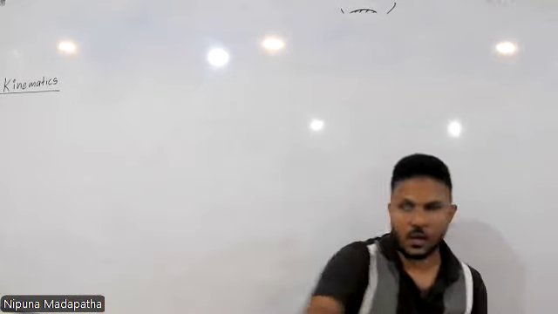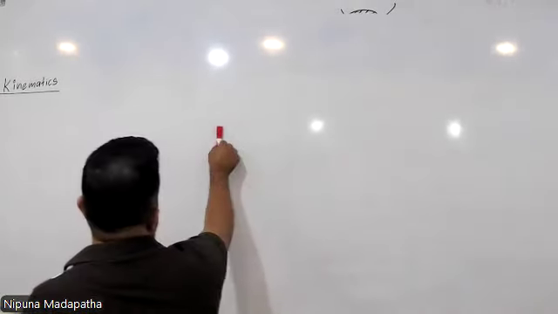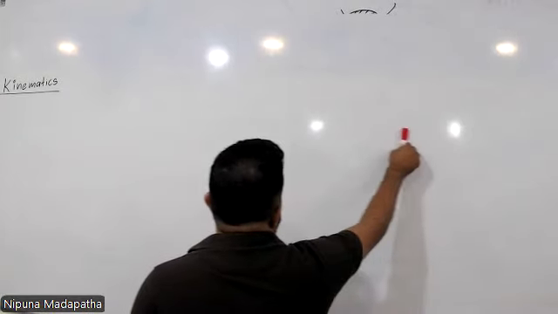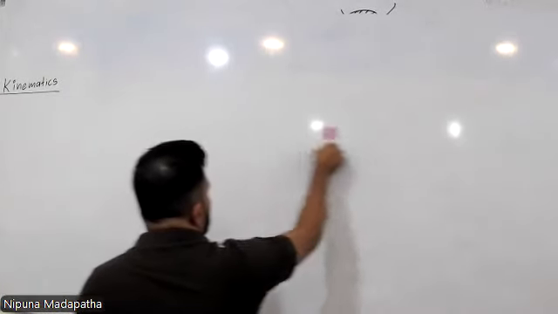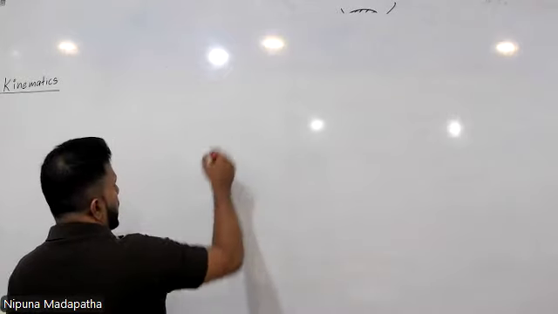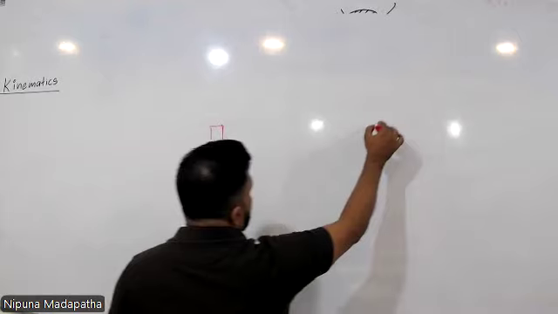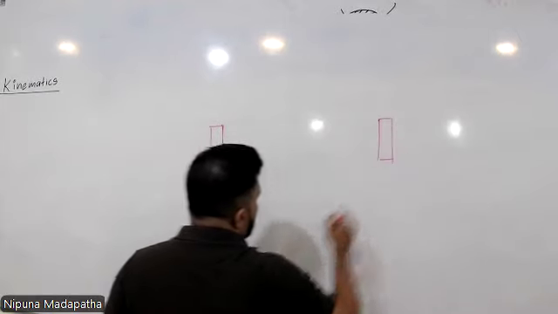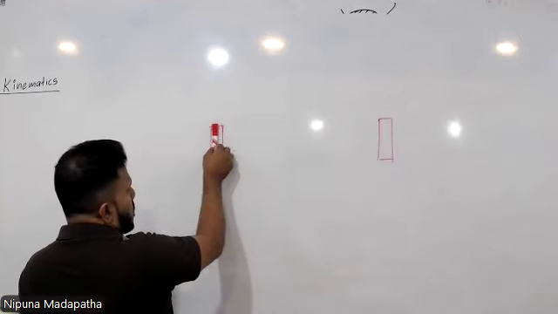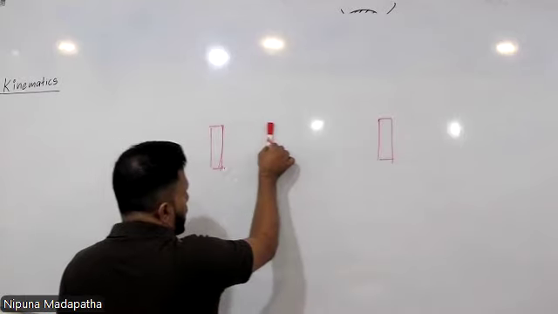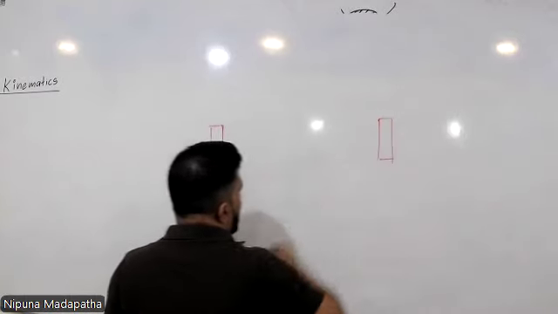This is a straight path, so this is linear motion. Suppose we start from this position and need to move this object to here. You can take this body like this. So this is linear motion.